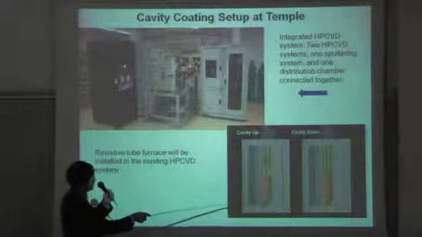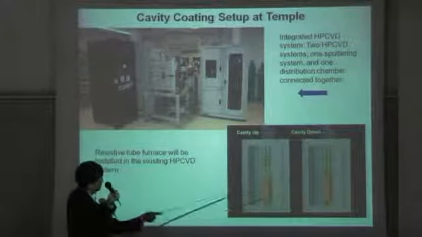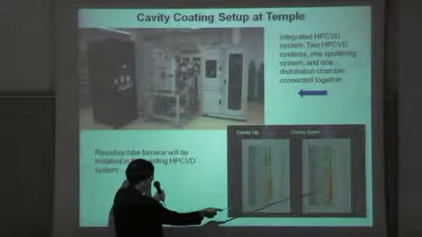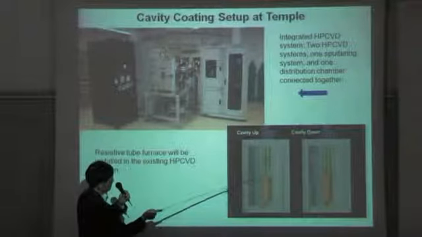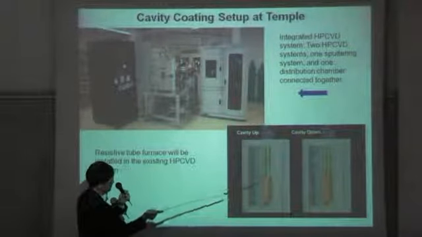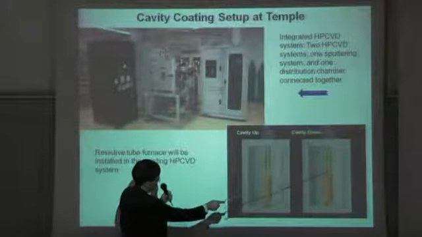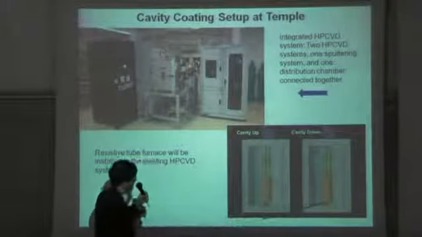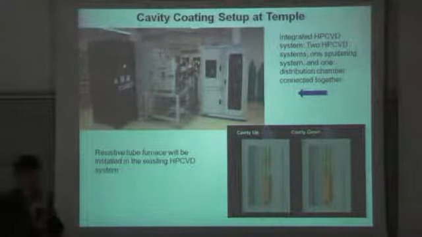It's like a square when you open the door, and actually it's a D-shaped chamber. And this shows the heater inside here, and this position corresponds to the position when you pull the cavity to the top of the heating furnace, and here is when the cavity is at the bottom of that furnace. And we are still in the final stage of the design, and it's near finish. And once we finish the design, we will start making it.